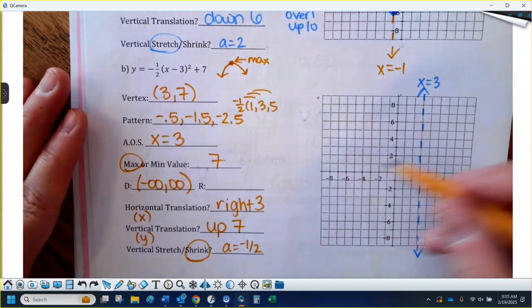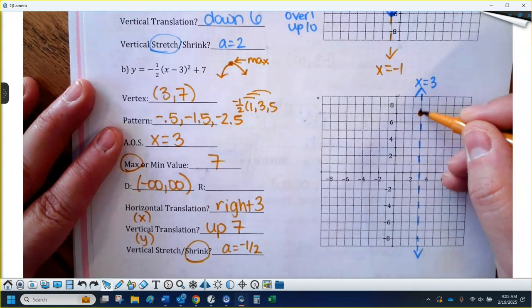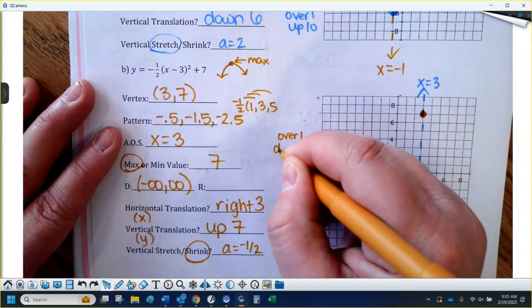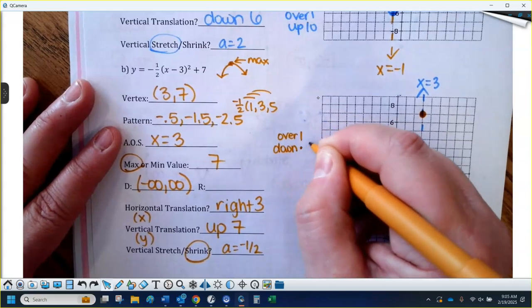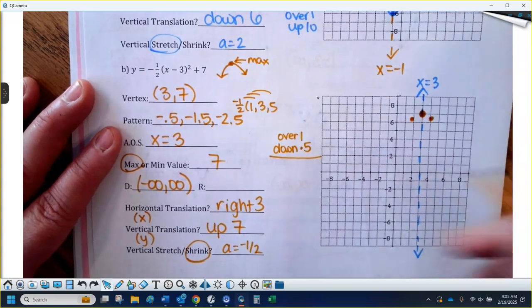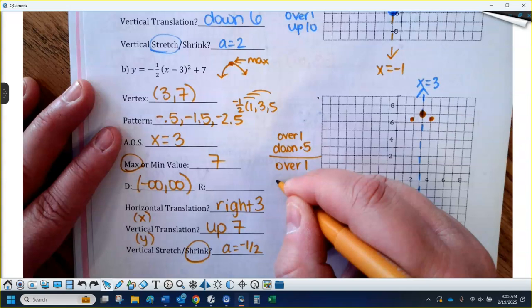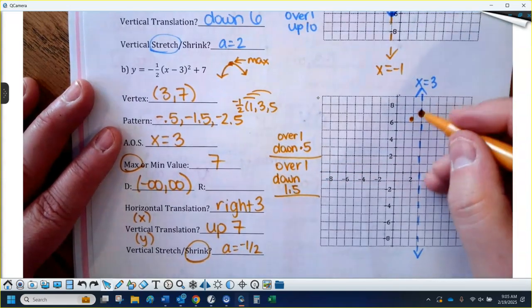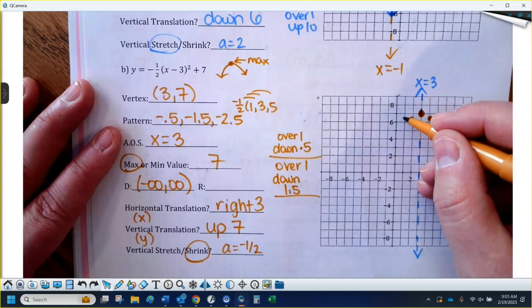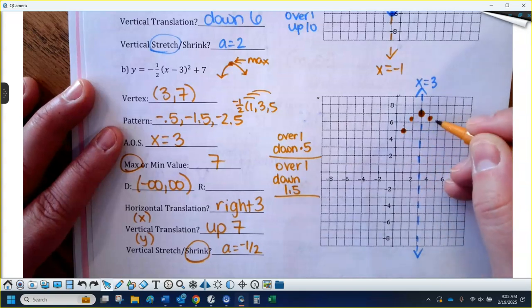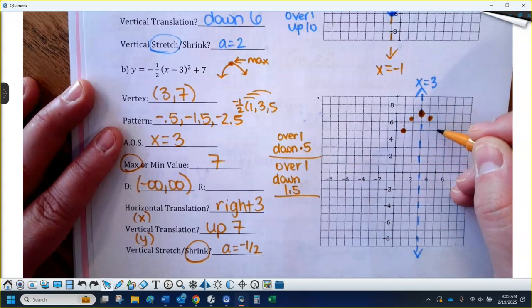Okay, so go find this point, 3, 7. All right, now for the pattern here, I'm going to go over 1, but I'm going to go down and just estimate a half, like on the halfway mark. Then I'm going to go over 1, and then down 1.5, which should put me on a nice point. If you go on the other side, the right side, it should be over 1, down 1.5.